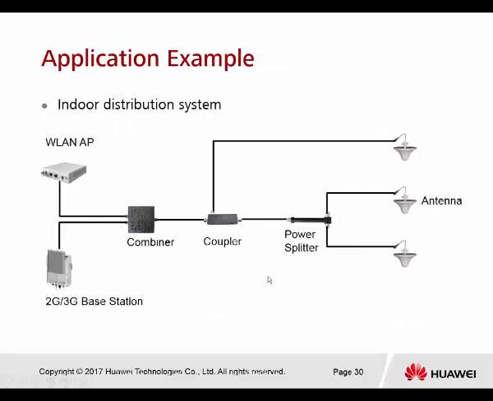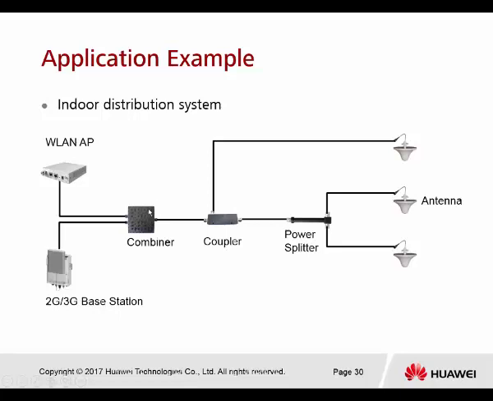And here is an example of how to use the accessories here: the combiner, the coupler, and also the power splitter. We can use the combiner to combine the dual-band AP and the base station together, instead of purchasing so many feeder lines to join them.